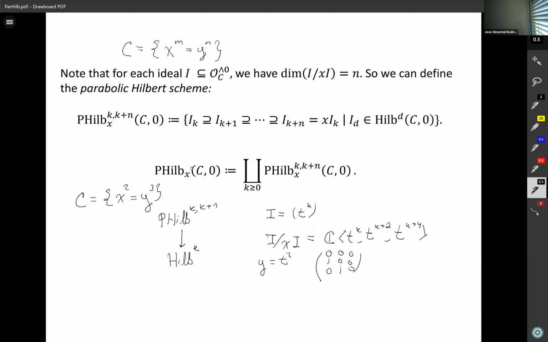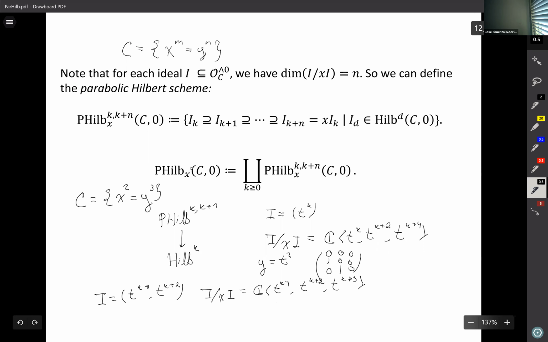Okay? However, if I consider the other monomial ideal that I have here, if I now have that I is the ideal generated by t^(k+1), t^(k+2), one can check that the ideal I mod xI is going to be spanned over C by t^(k+1), t^(k+2), t^(k+3).